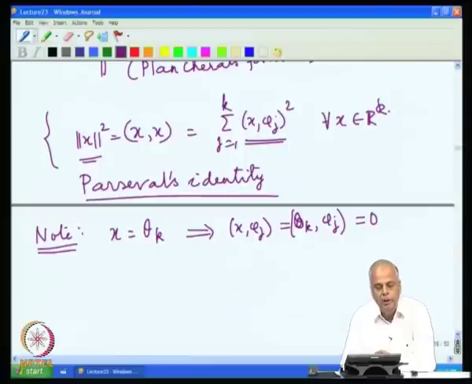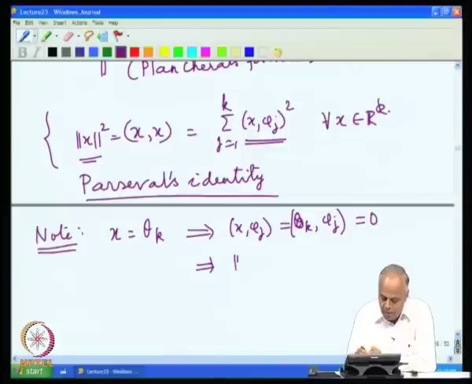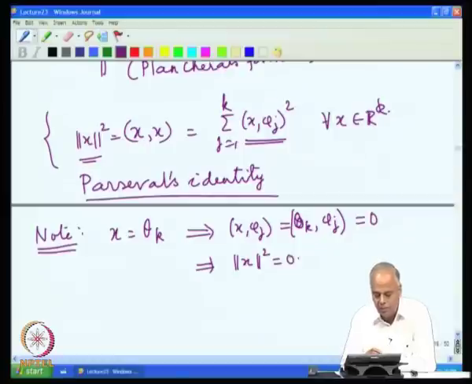So, all the Fourier coefficients are 0, and therefore, we get norm x squared is 0, which is what we want, because the length of the 0 vector is 0.